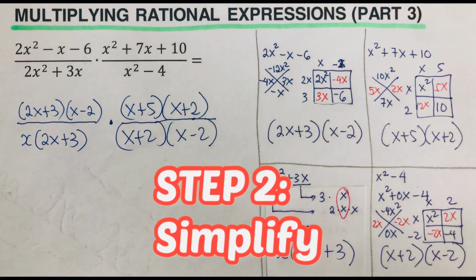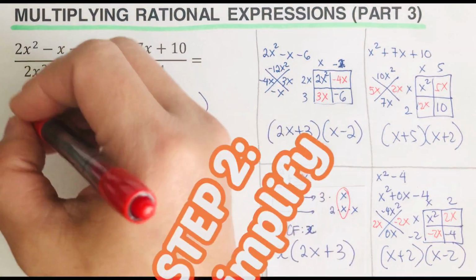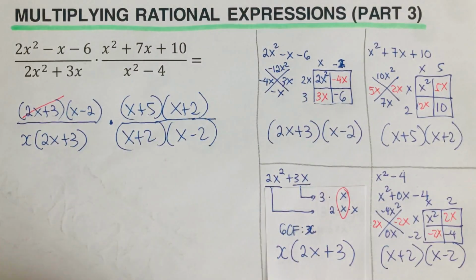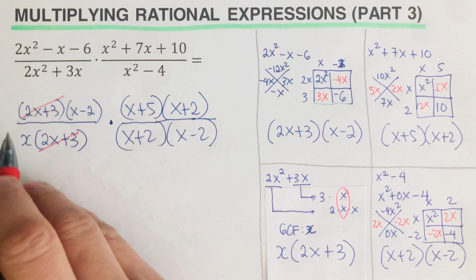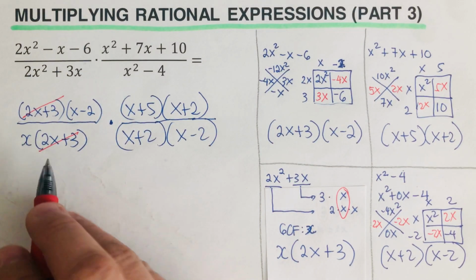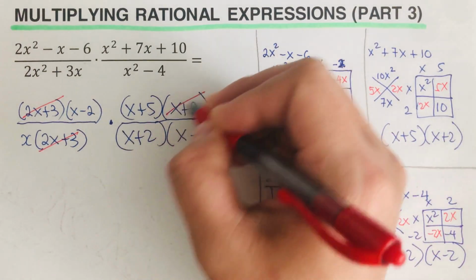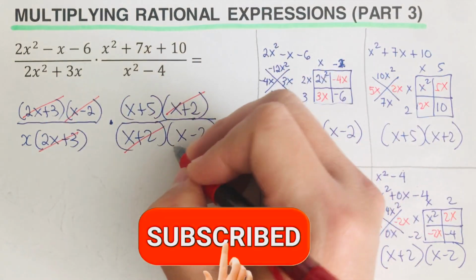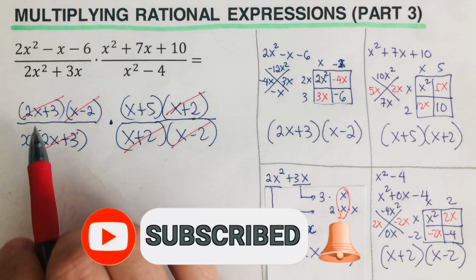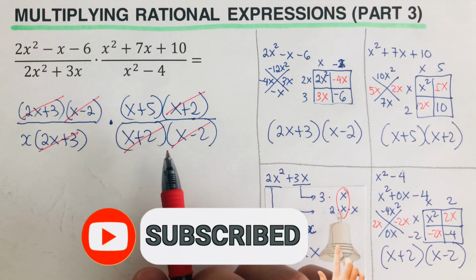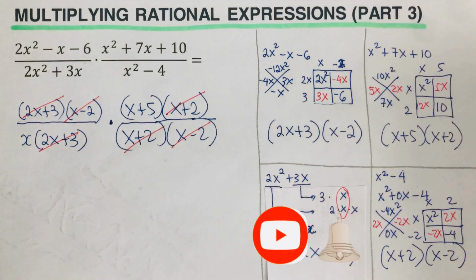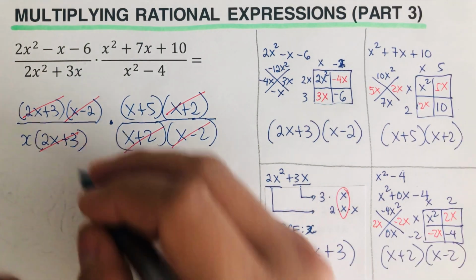The second step is to simplify. In order to simplify this, we can cross this 2 out. We can also cross the 2x plus 3 and 2x plus 3. And then we also have x plus 2 and x plus 2, x minus 2 and x minus 2. Now we remember that when we cross them out, they don't turn into a 0, but instead they turn into 1. So we're going to determine the leftover.